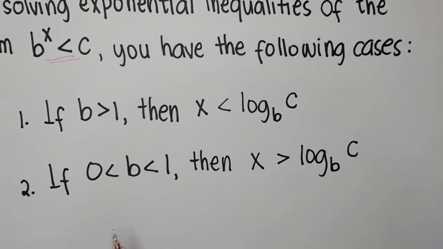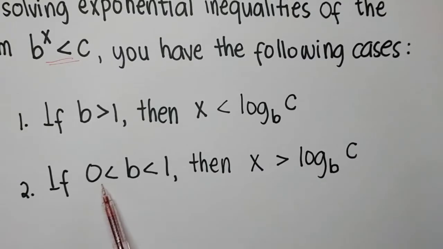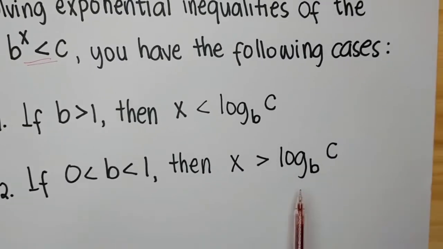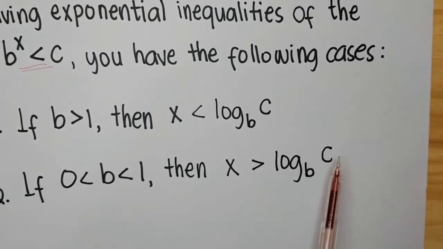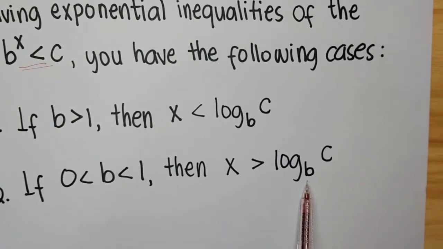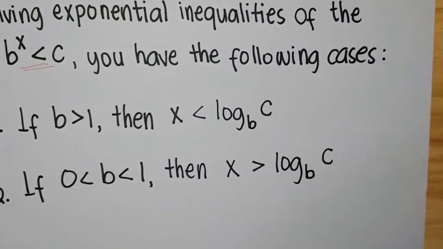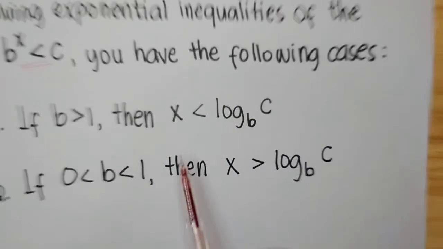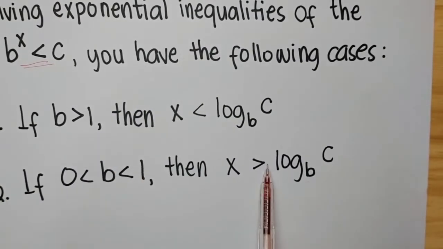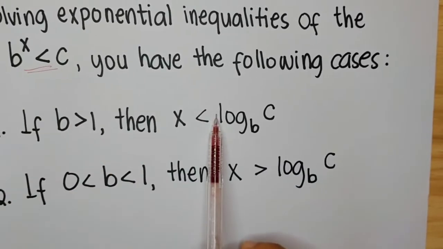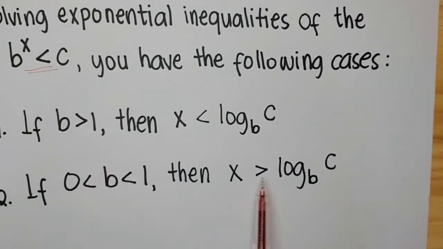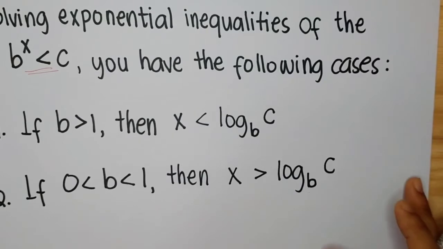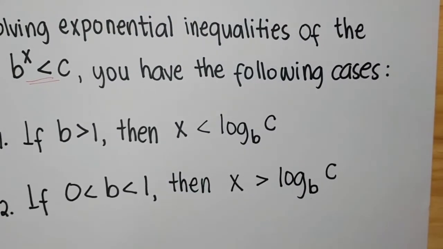And if our b is greater than 0 but less than 1, then our x is greater than log c to the base b. So, baliktad siya sa kanina. Yung kanina, if greater than din ito. But if in between, less than. So, ito naman, greater than siya, less than. Ito, if in between, this is greater than. So, yun yung sa second condition natin.